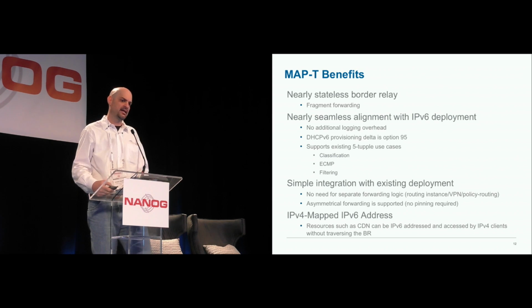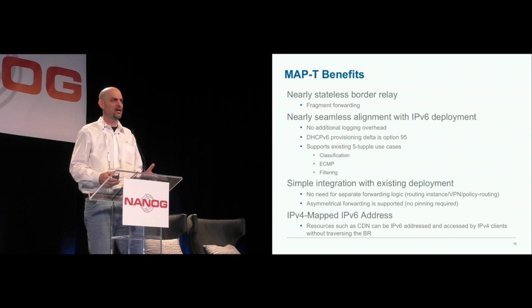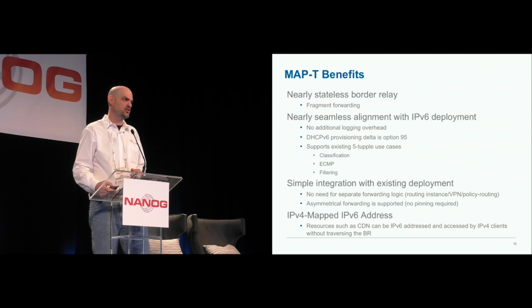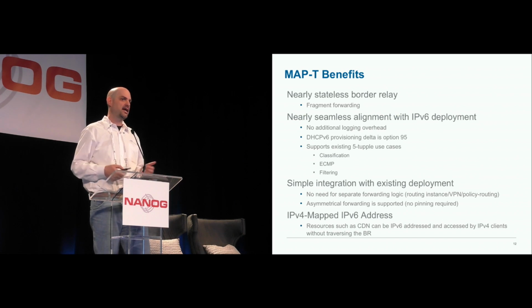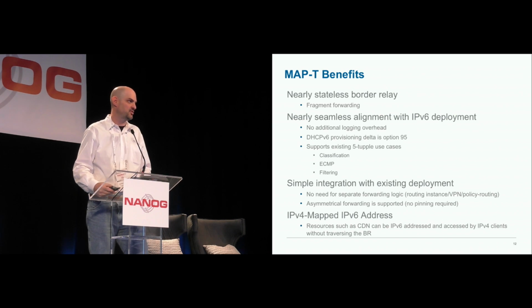Something that we really like and we look to do in the future is IPv4-mapped IPv6 address. And this gives us the capability to take a resource such as a CDN, place it within our network, address it with IPv6. So a client at the subscriber location that wants to access that resource, if the CDN returns both a quad A and a single A record, if it's a dual stack client, it'll just access it natively over IPv6.